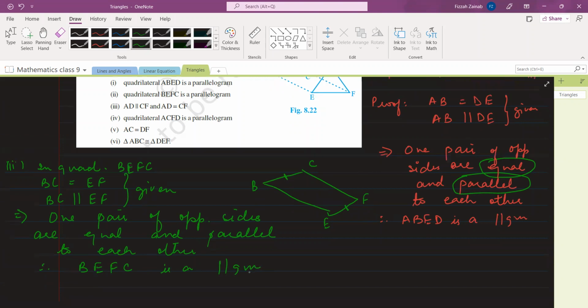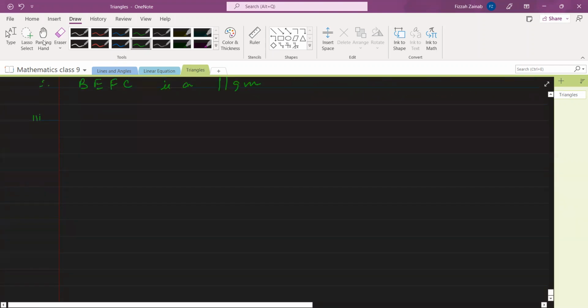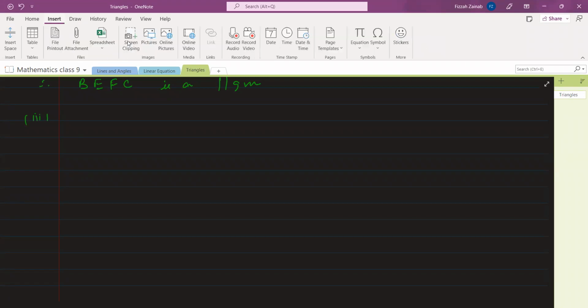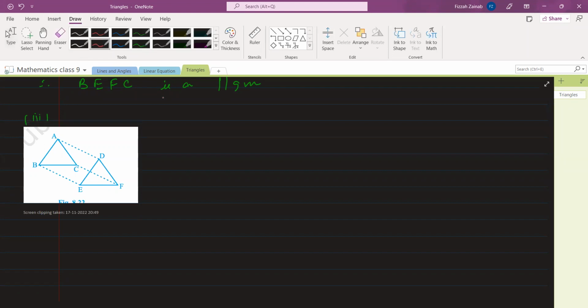Now third part. Right. So in the third part, you have to prove this, that AD is parallel to CF and AD is equal to CF. This you have to show.